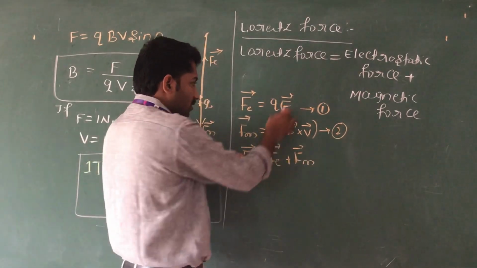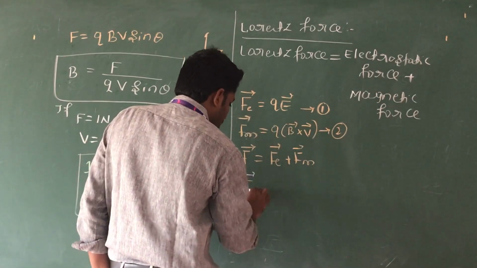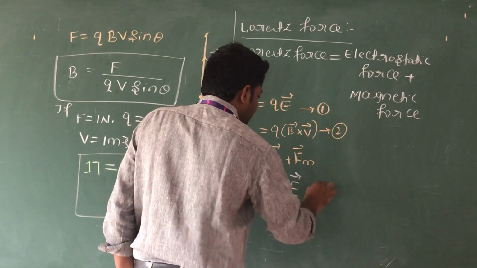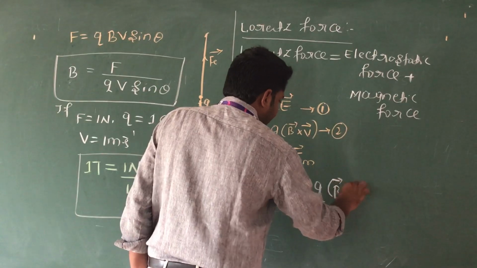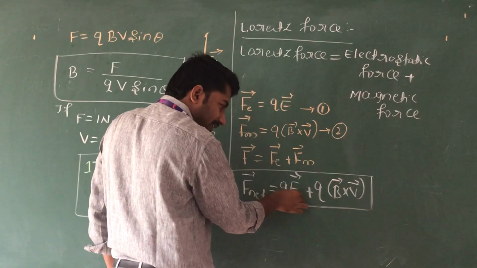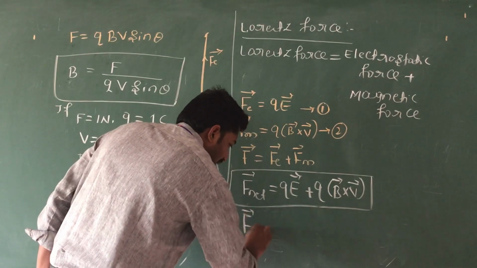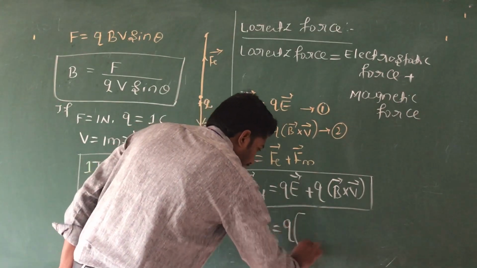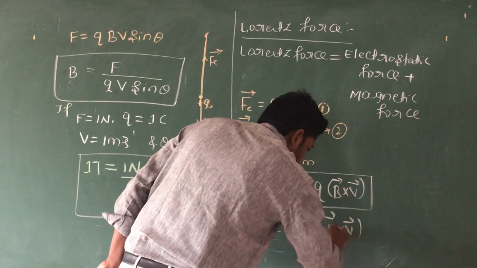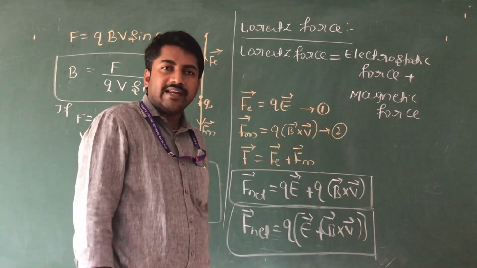Substituting these two values, the net Lorentz force is equal to Q into E plus Q into vector B cross vector V. F net is equal to Q into vector E plus Q into vector B cross V. Or taking the common value outside, we get the Lorentz force is equal to Q into vector E plus V cross B, which is the expression for Lorentz force.